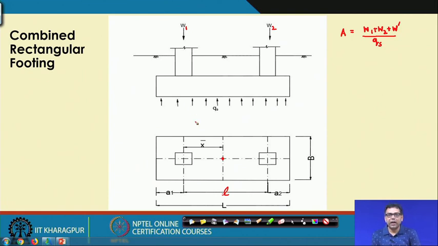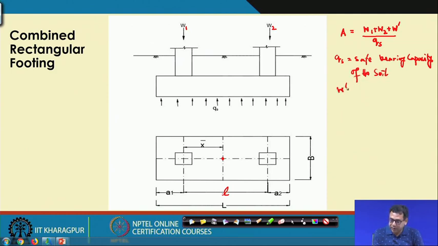Q safe is the allowable bearing capacity of the soil against which I am designing, and W dash is the weight of the footing, which is generally taken as around 10% of W1 plus W2.